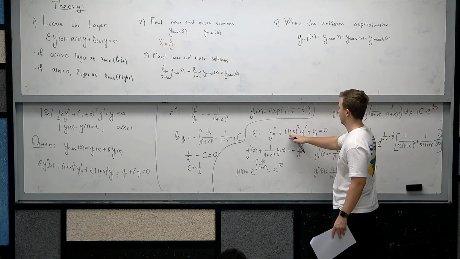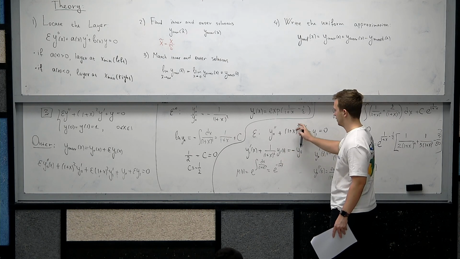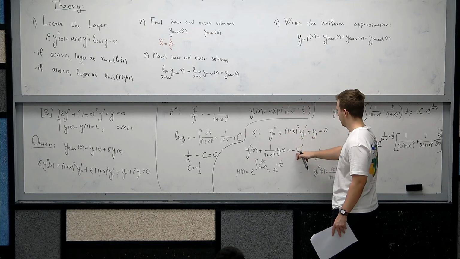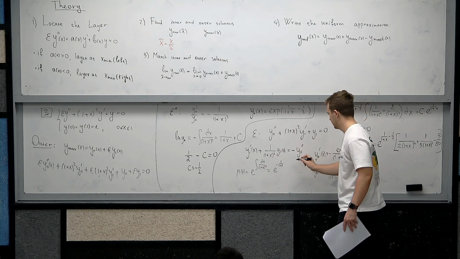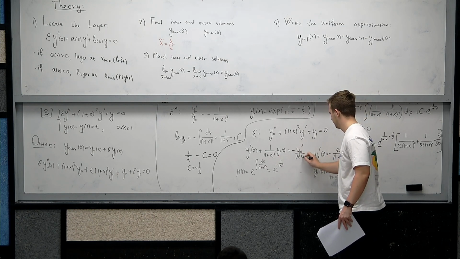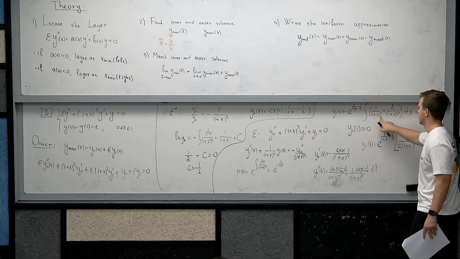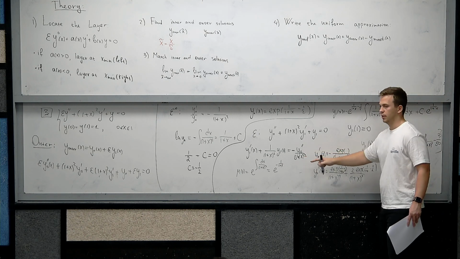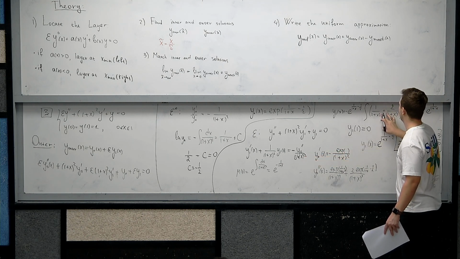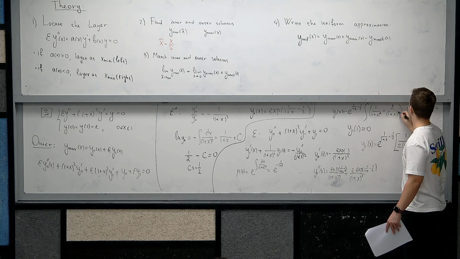Then I go from this line to this line. I divided both sides by this factor, right? And therefore, this should also be divided by this thing. And therefore, inside the integral, I need to also divide each by this. So the final power will be 6 here and 5 here.